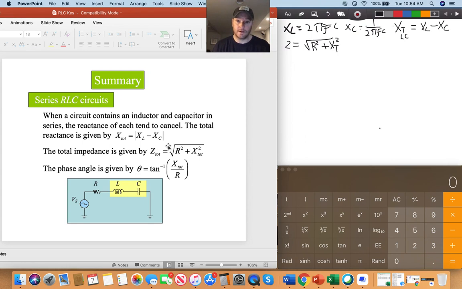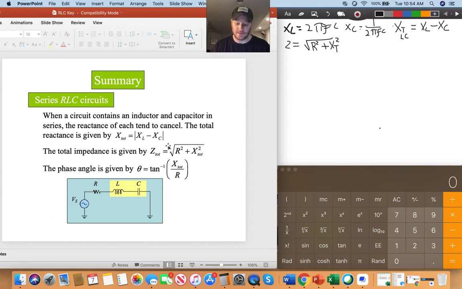Some people will show this formula embedded in this formula, and you can do that, but I like to get my X total first and not type all that into the calculator.